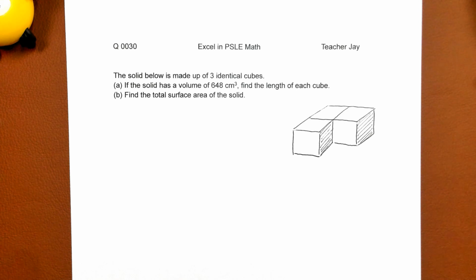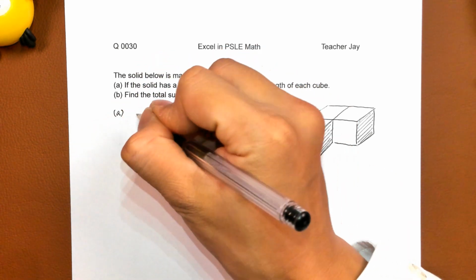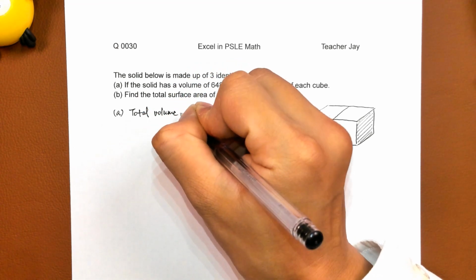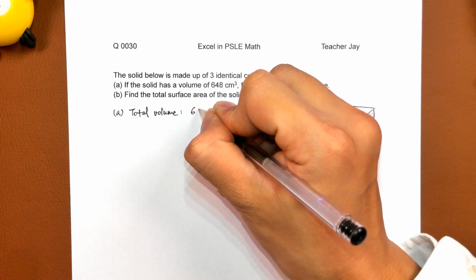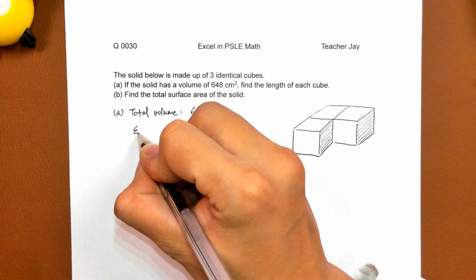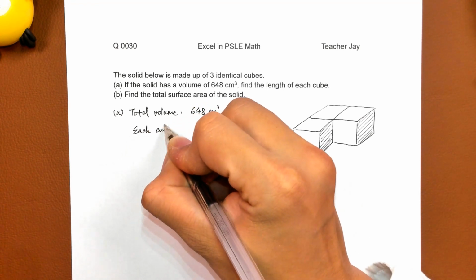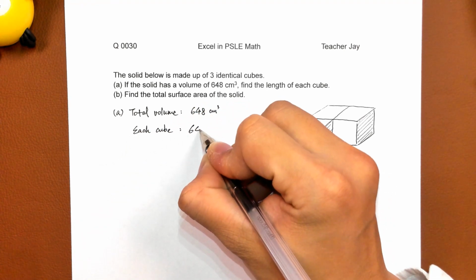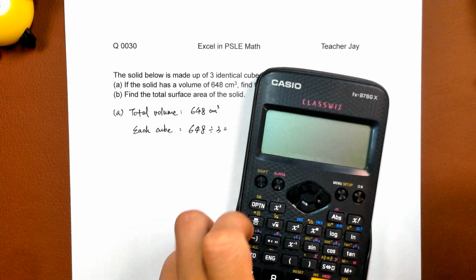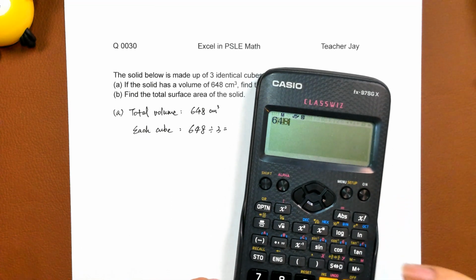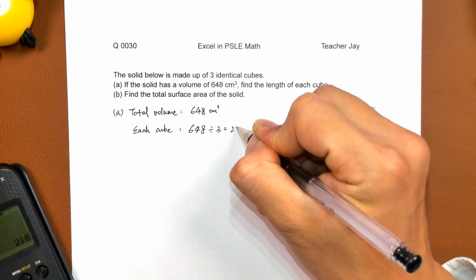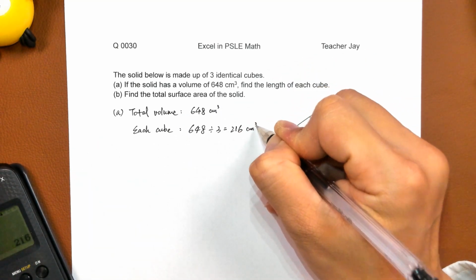So first, part A, total volume. 648 cubic centimeters. Each cube, 648 divided by 3. 648 divided by 3 is 216 cubic centimeters.